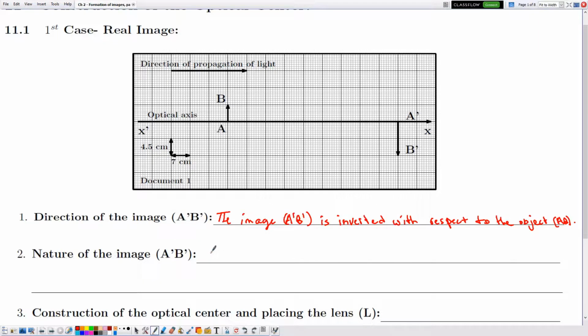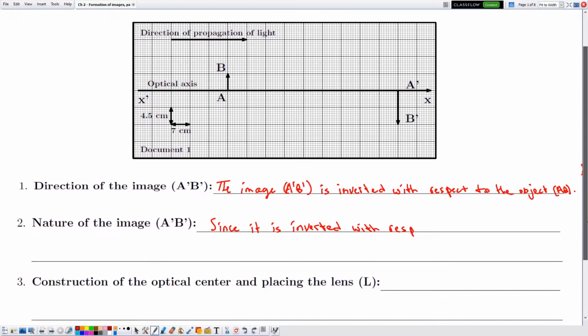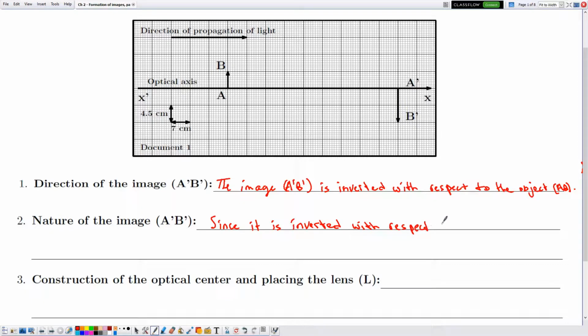Then let's say that since it is inverted with respect to the object AB, then the image A prime B prime is real.